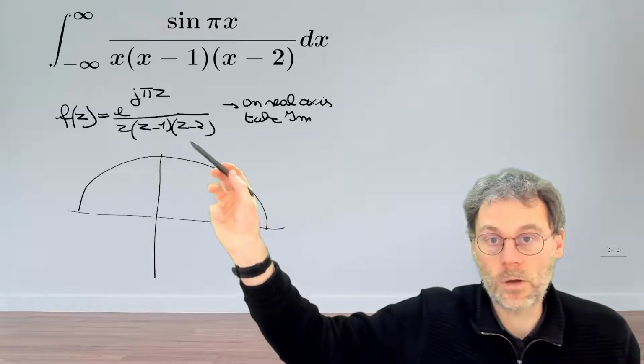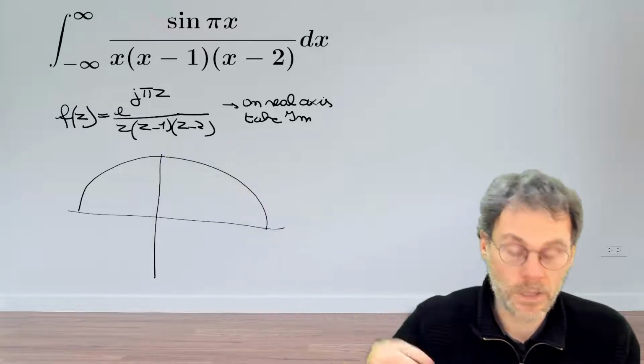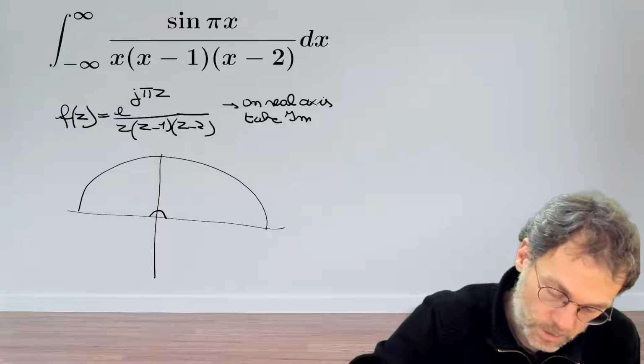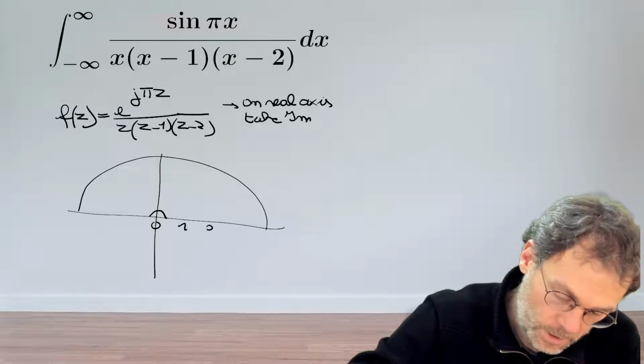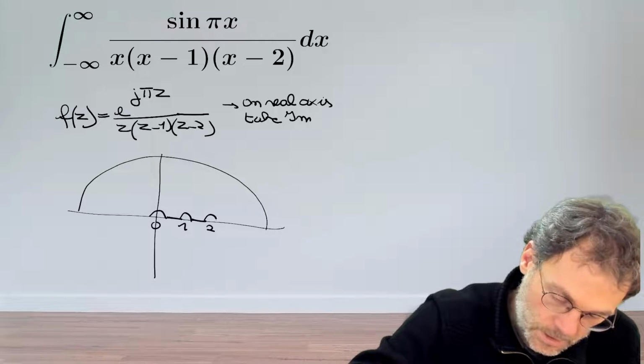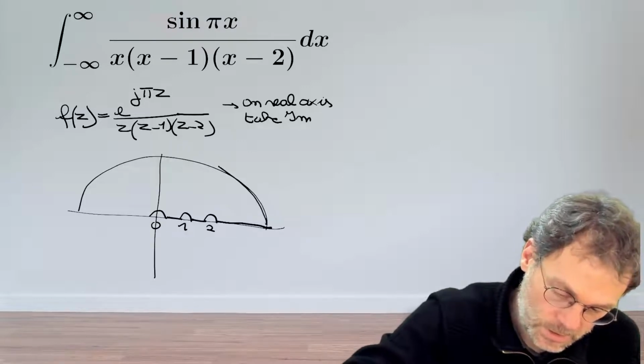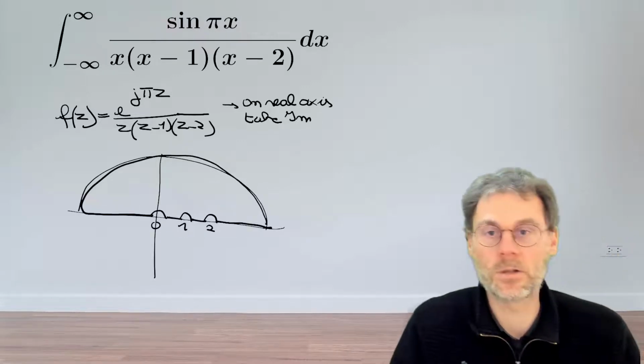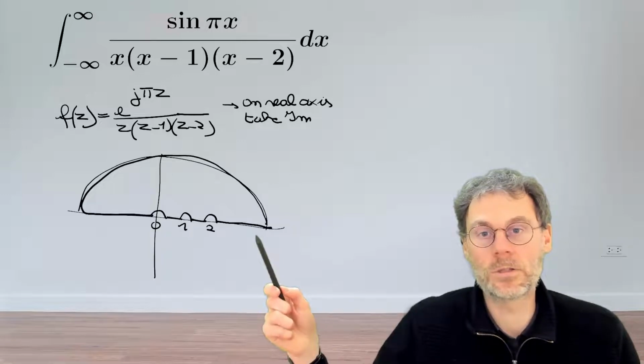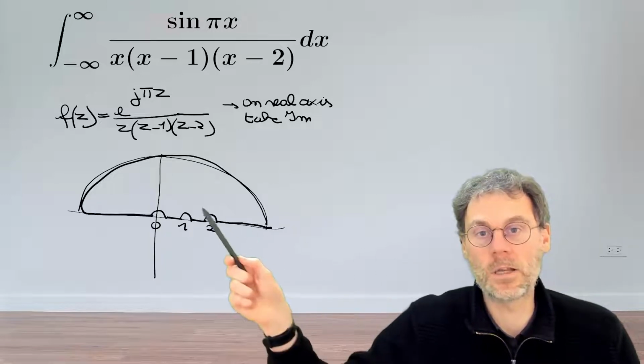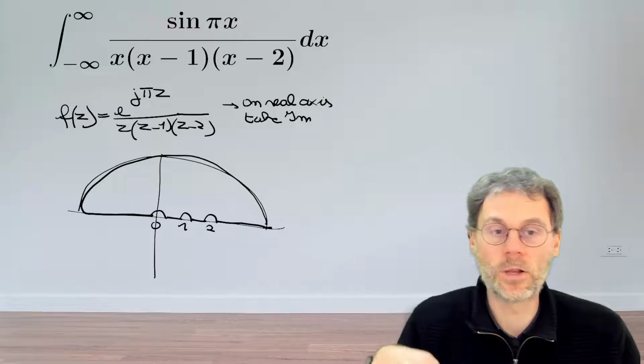But we need to worry about these three singularities that we have here: one at the origin, 1 and 2. So let's neatly sidestep those singularities and have a contour that looks like this. And we'll take the limit of the large radius going towards infinity and of these small radii going towards 0.